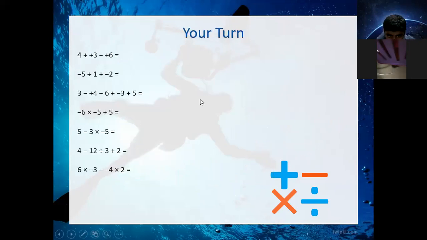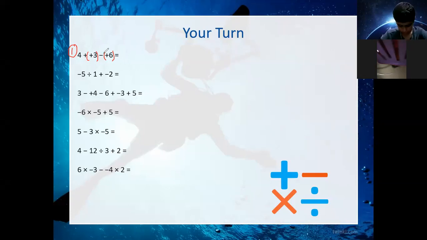Let's answer on your side. I'm going to help you by putting in number 1: 4 plus +3 minus +6. That's how it looks.